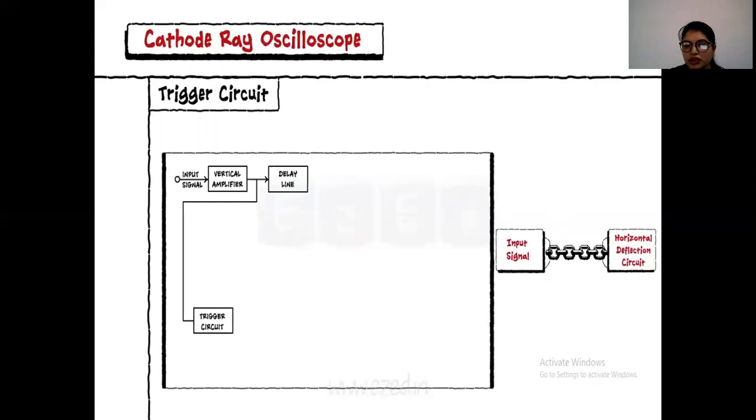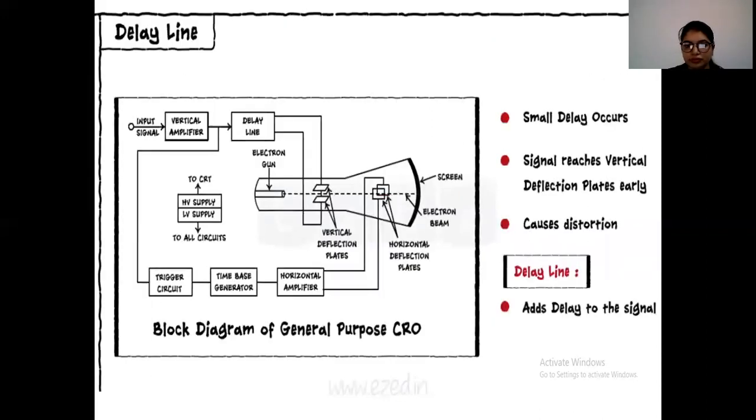So the main function of trigger circuit is to provide synchronization between input signal and horizontal deflection circuit. These all blocks come under horizontal deflection circuit. So it will provide synchronization from input signal towards this horizontal deflection circuit.